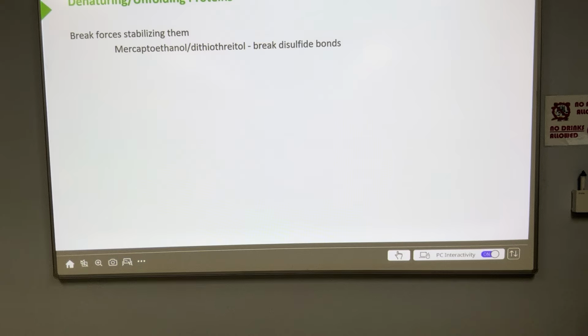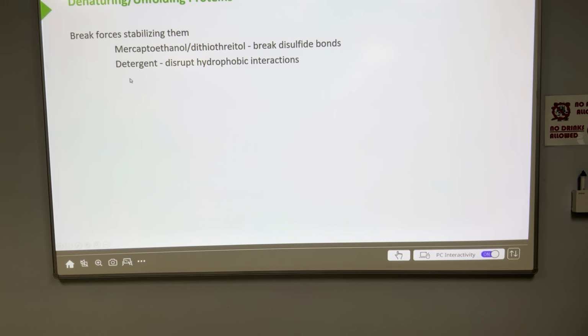So the disulfide bond is covalent, so you need to use mercaptoethanol. You need to remember that. Mercaptoethanol is a chemical agent that we use in the lab if we want to break apart disulfide bridges. That means there's going to be sulfur in there somewhere in order to break that bond.